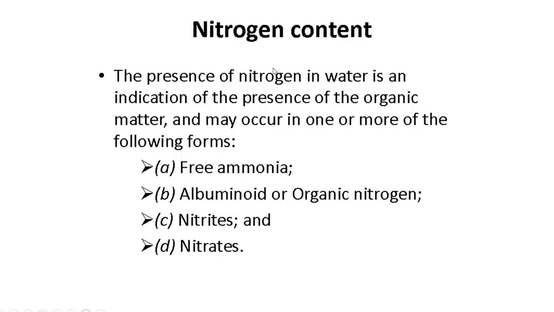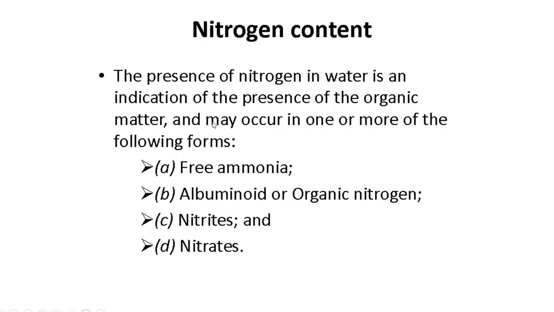Then we have nitrogen content. The presence of nitrogen in water is an indication of the presence of organic matter. What are organics? Different sorts of organics which may dissolve in water from the decaying of plants and from domestic or industrial wastes.